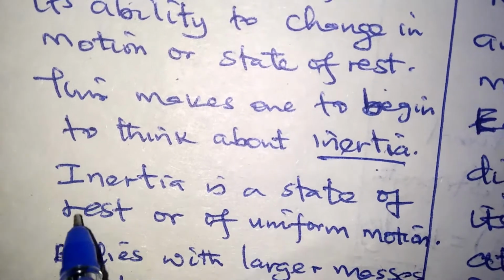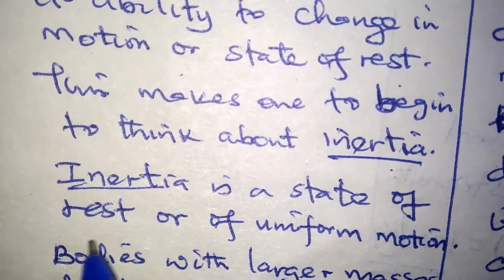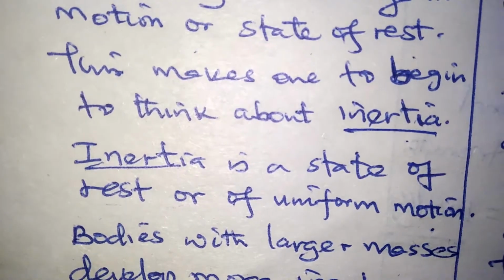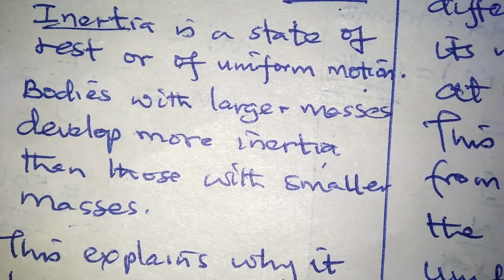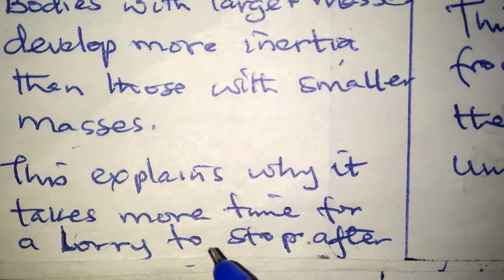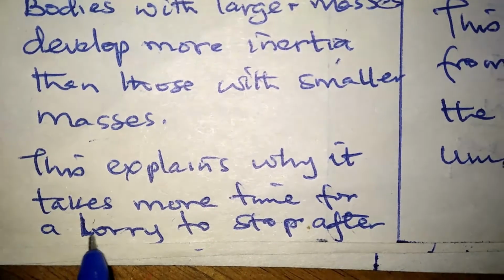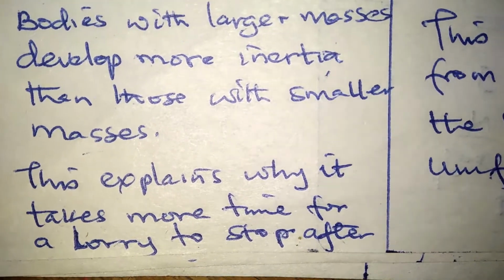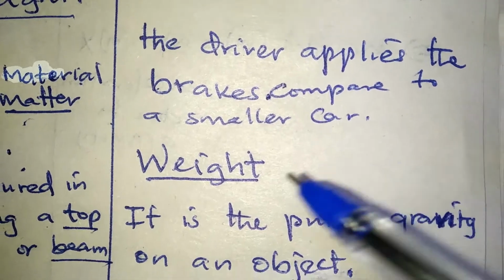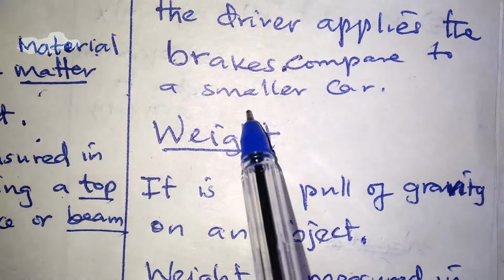Inertia is defined as the tendency of a body to stay in a state of rest or a state of uniform motion. Bodies with larger masses have more inertia than those with smaller masses. This explains why it takes more time for a lorry to stop after the driver applies the brakes compared to a smaller car.